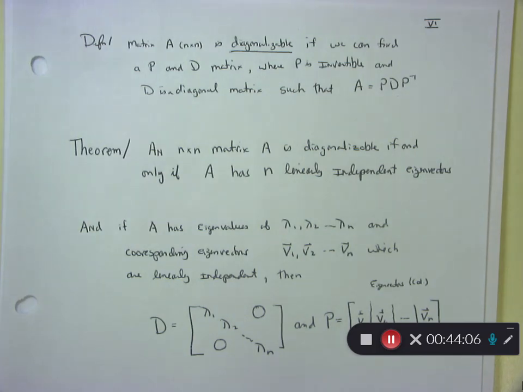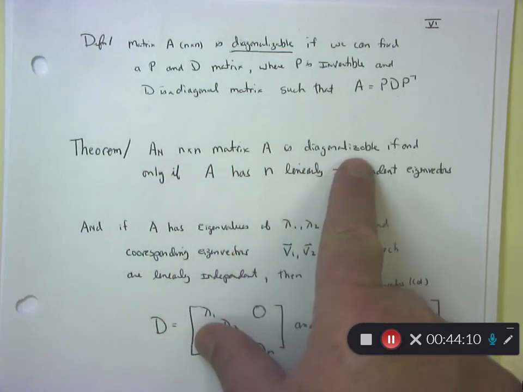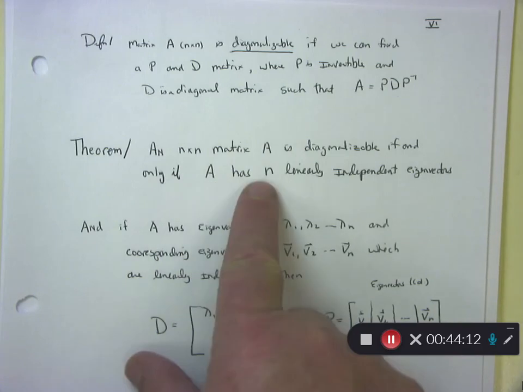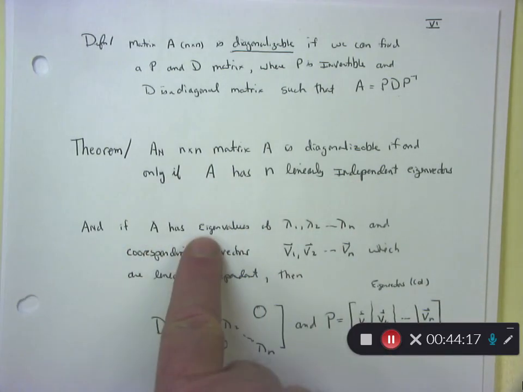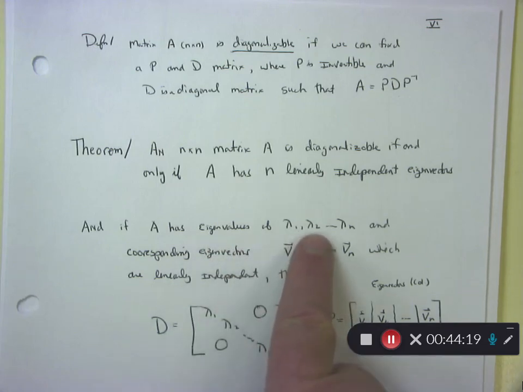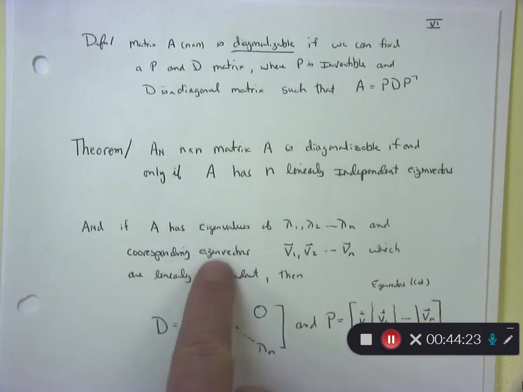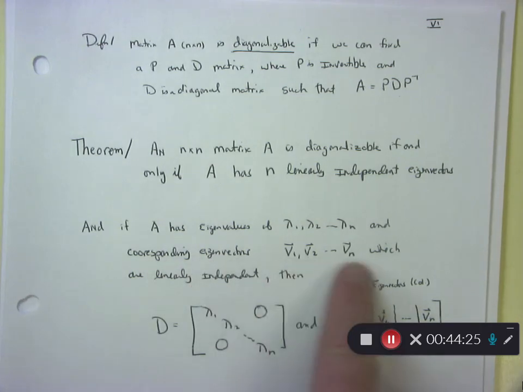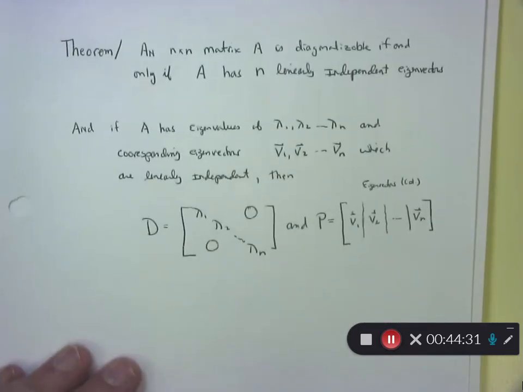All right, so, theorem. An n by n matrix A is diagonalizable if and only if A has n linearly independent eigenvectors, and if A has eigenvalues lambda 1, lambda 2, out to lambda n, and corresponding eigenvectors v1, v2 out to vn, which are linearly independent, then here's the big deal.